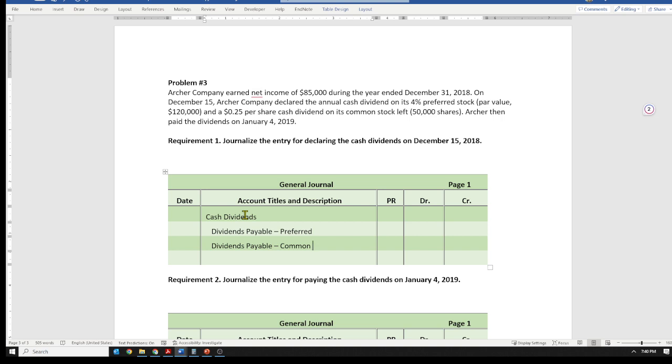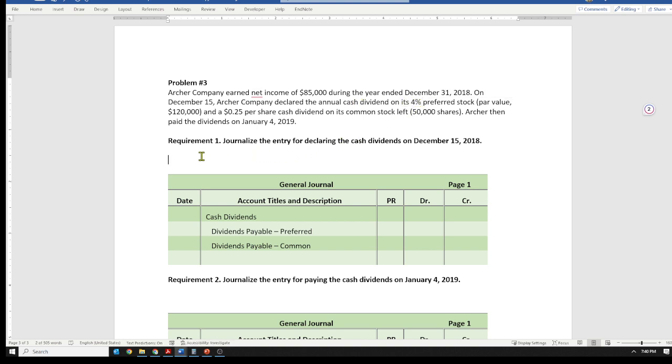We need to do a little bit of math. We need to calculate the preferred first. The par value of that preferred stock was 120,000, and the cash dividend is 4%.